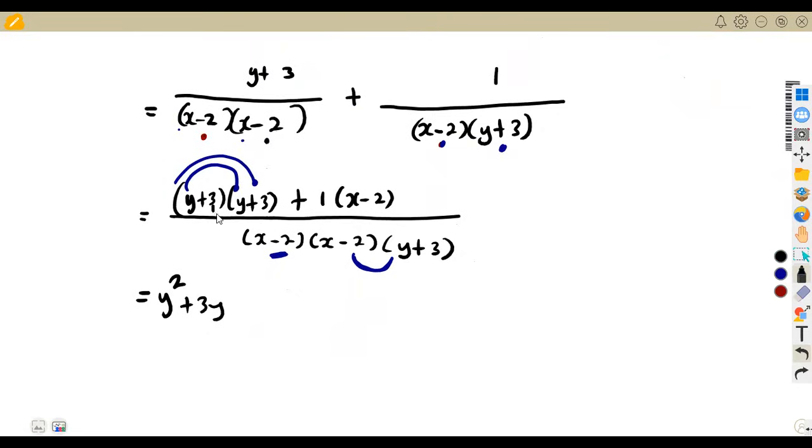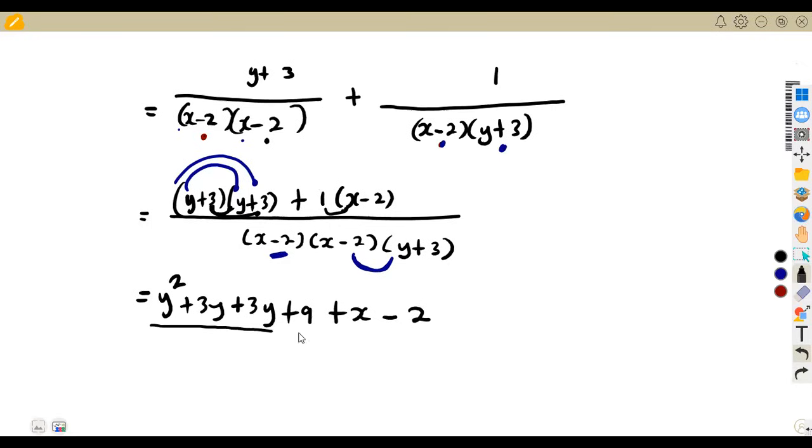We move on to 3. So it's 3 and y this time, which is plus 3y, 3 and 3, which is going to be a plus 9. All right. 1 is going to multiply x, so that's plus x. 1 is going to multiply minus 2 in this case. So 1 is multiplying minus 2, which is going to be a negative 2.